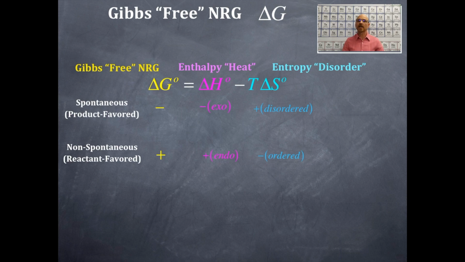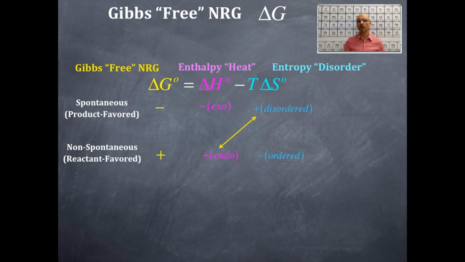When delta S is negative, the whole term negative T delta S would be positive. And the delta H term is positive. That means that whatever numbers you put in there for the enthalpy and the entropy, the delta G will be positive, and it will be non-spontaneous and reactant favored.